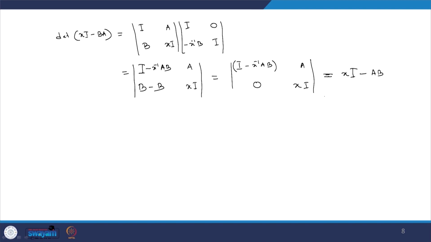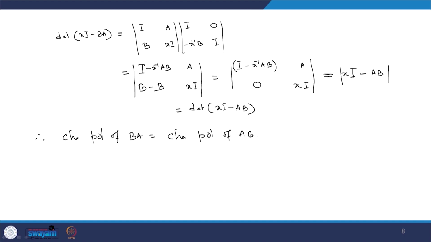So this is the determinant of xI minus AB. So the characteristic polynomial of BA equals the characteristic polynomial of AB. Both of them have the same characteristic polynomial. Using this simple algebra I can prove it.